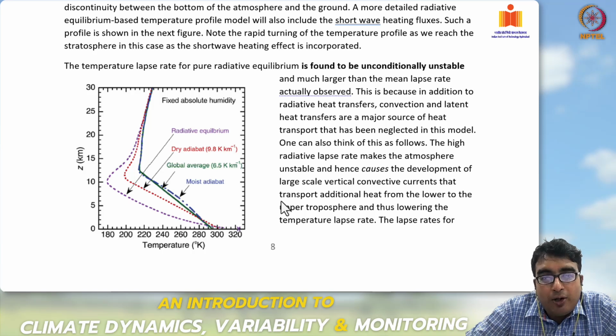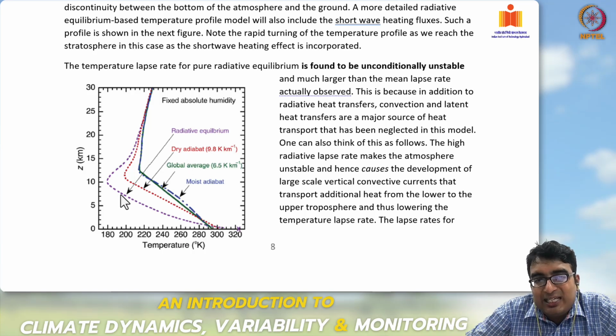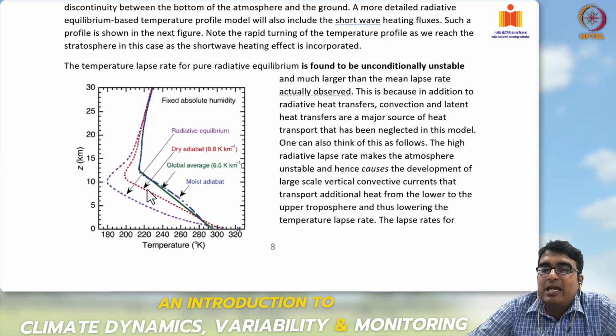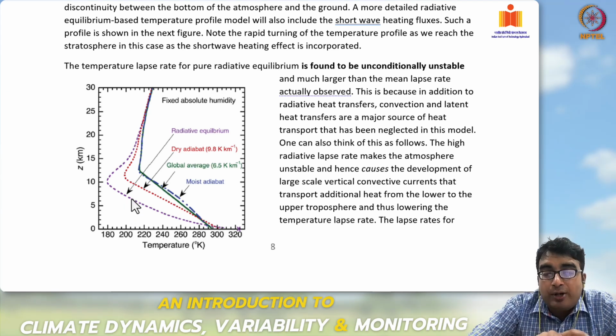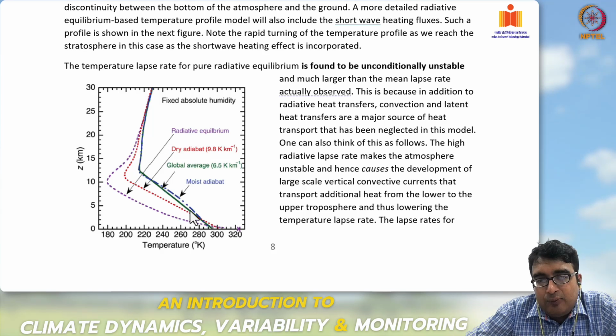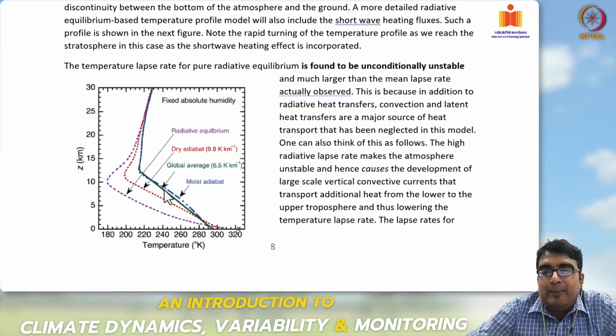Now, what you notice, the slope is much steeper than even the dry adiabatic lapse rate. So, the radiative equilibrium based temperature profile in the troposphere is unconditionally unstable. Okay, because the dT/dz value is more negative than even the dry adiabatic lapse rate. Okay, and is much larger than the mean lapse rate, which is closer to the moist adiabatic lapse rate.